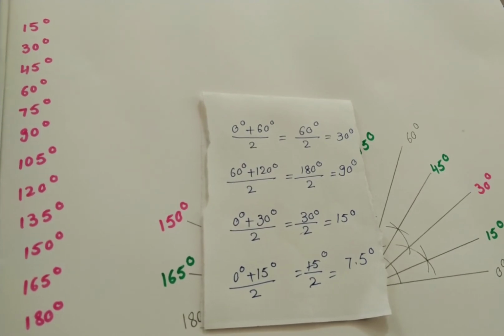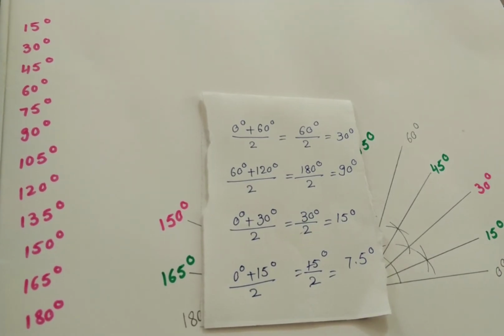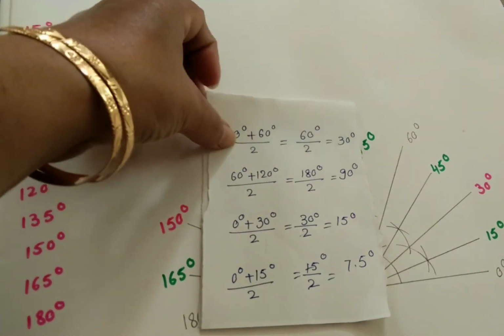So this way you can find the 7.5 degree angle in between. Similarly, you can find the angle between 15 degree and 30 degree, and similarly between 30 and 45 degree, and you will get the in-between angles.